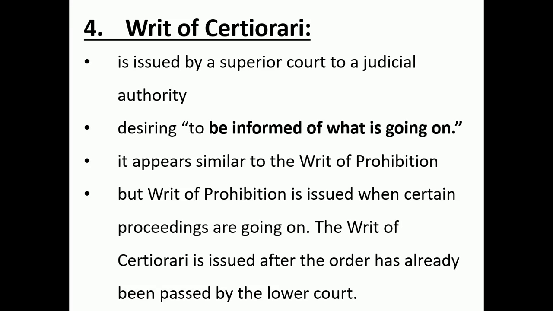Writ of prohibition is issued when certain proceedings are going on. As we have seen, writ of prohibition means it's an order given to the lower court to stop its proceedings. So when certain proceedings are going on, writ of prohibition is being issued. But the writ of certiorari is used after the order has already been passed by the lower court.